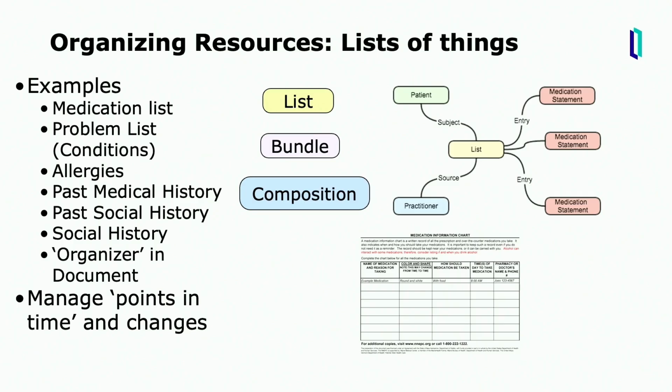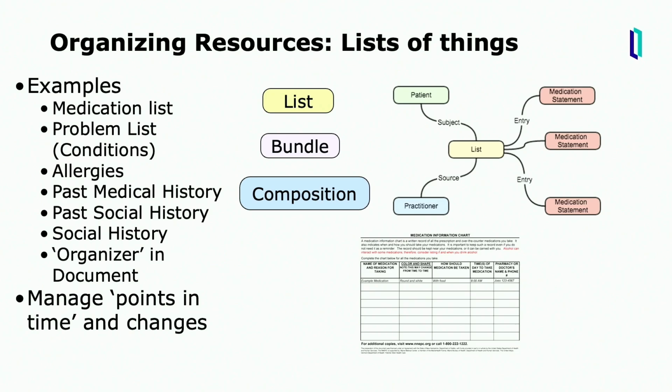So a list resource, there's also a document resource, so that you use the same FHIR resource in different use cases, different paradigms to represent data to make it more computable.